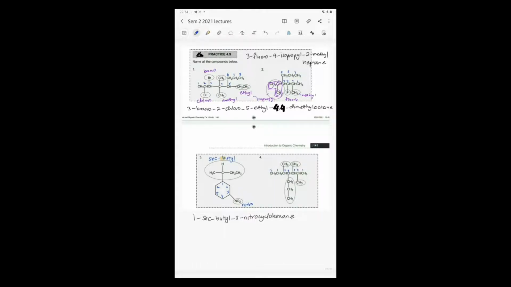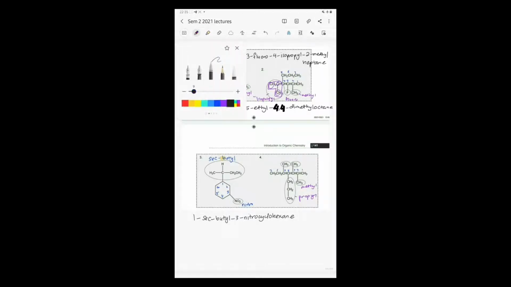So we have methyl. Substituents, we have methyl, 3 methyls. We also have here propyl. So let's give the name.